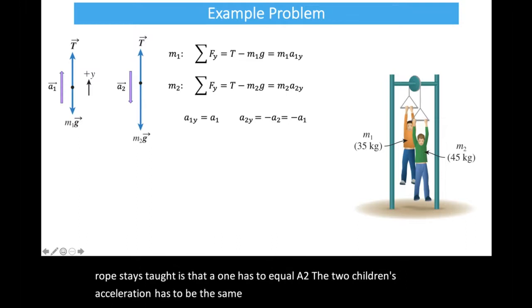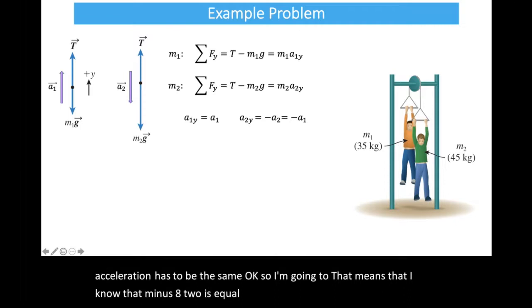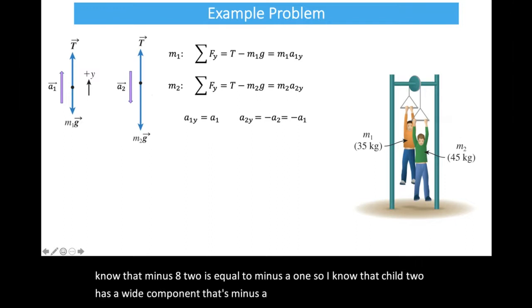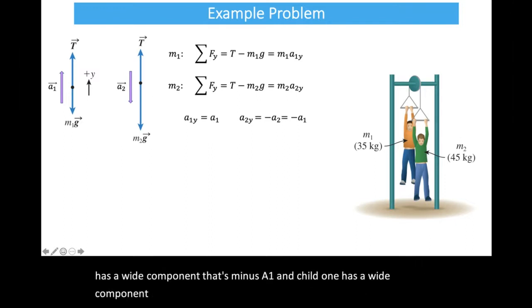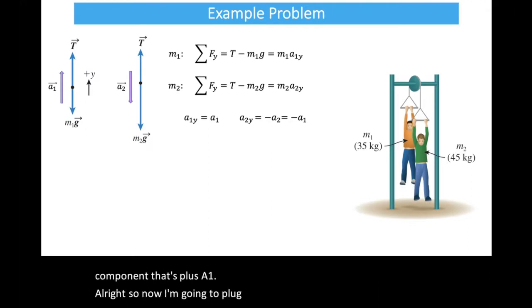So that means that I know that minus a2 is equal to minus a1. So I know that child 2 has a y component that's minus a1, and child 1 has a y component that's plus a1. All right, so now I'm going to plug those into my two Newton's second law equations.